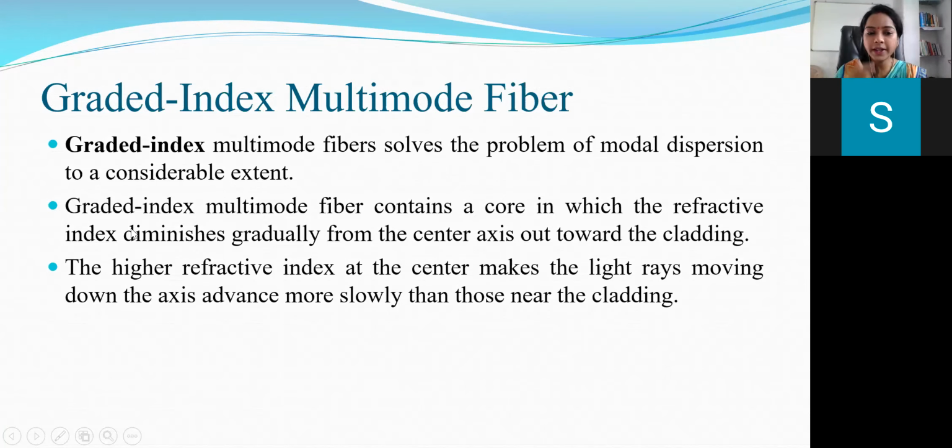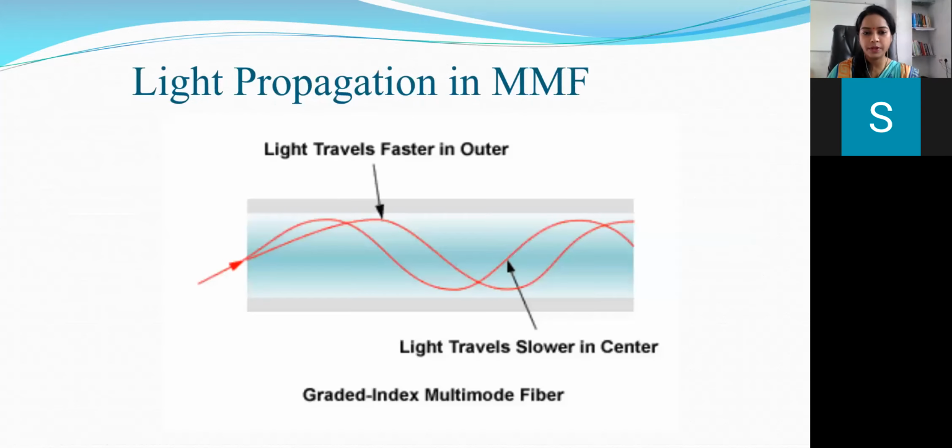Graded index multimode fiber contains a core in which the refractive index diminishes gradually from the center axis out towards the cladding. This is the same thing I have already stated to you: the refractive index changes gradually from the core axis outward. So this is what happens in graded index multimode fiber.